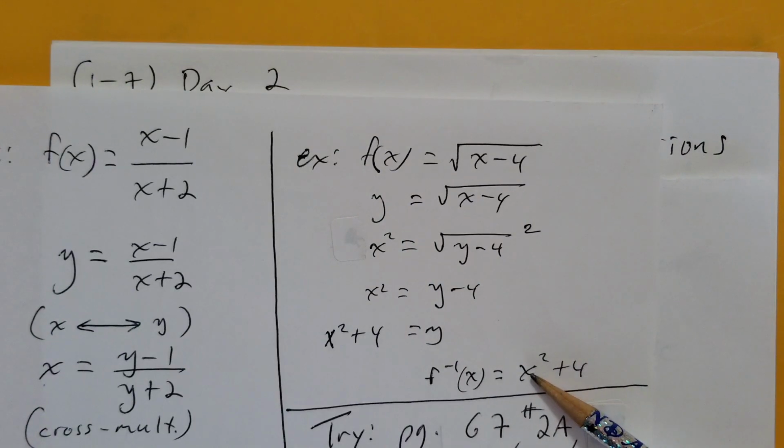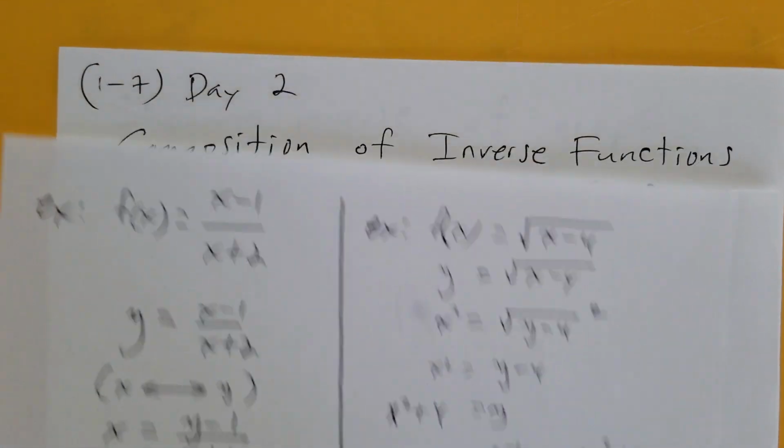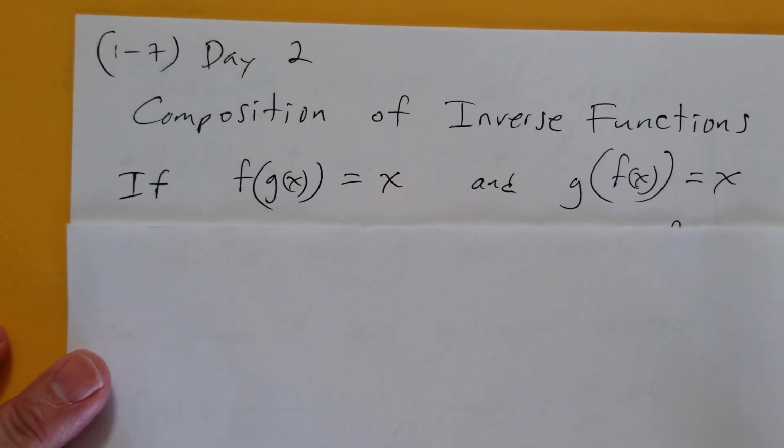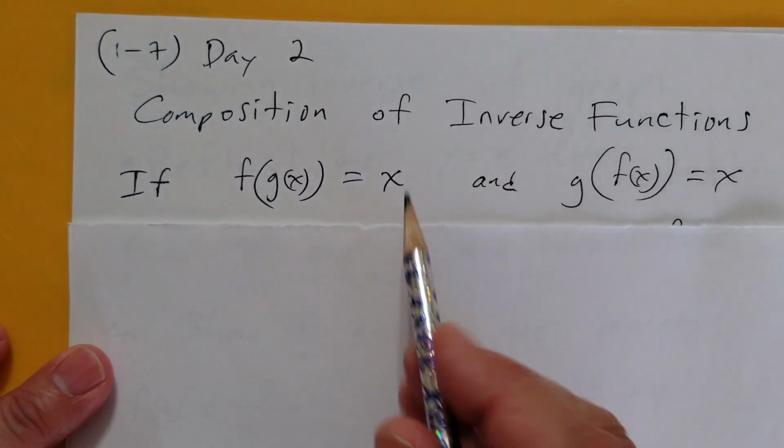What would happen? We know what would happen if we took any two functions and did that. We get a third function called the composition function. But what would happen if you start out with the inverses? Well, something interesting. You get x.